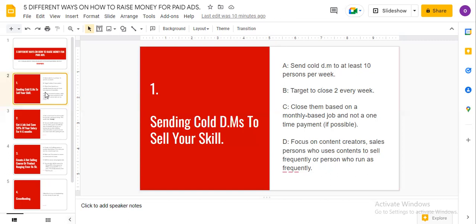Before I go into the ABCDs of the cold DMs, I would love to say something. Before you start this particular system, I'll give you a hack that you can use to get testimonials even without working for paid jobs, if you have not started getting paid jobs. This is the exact thing I did.